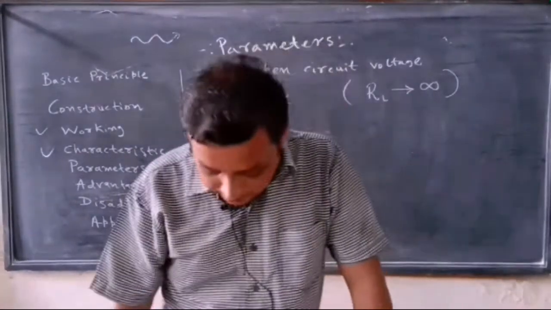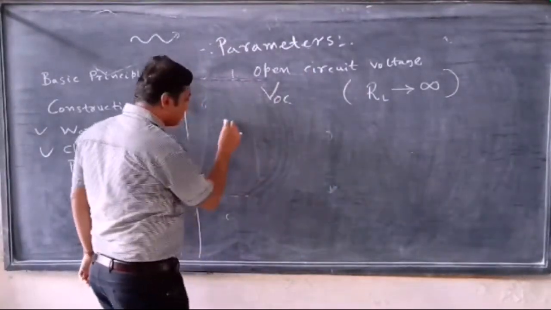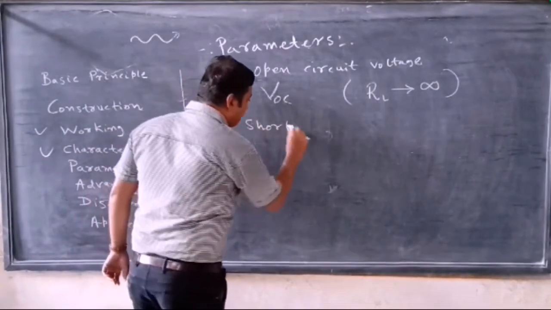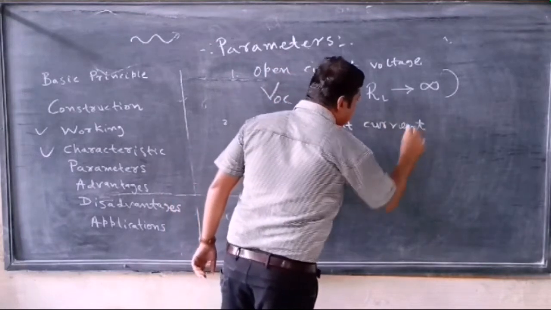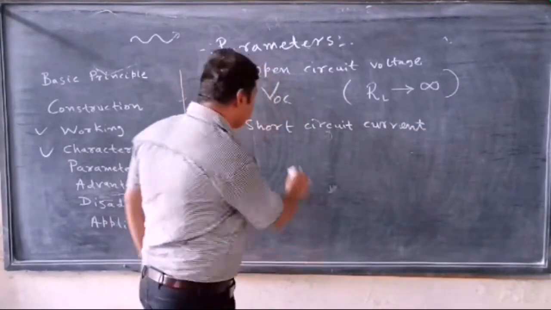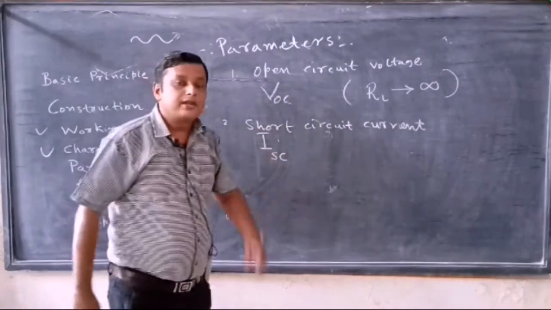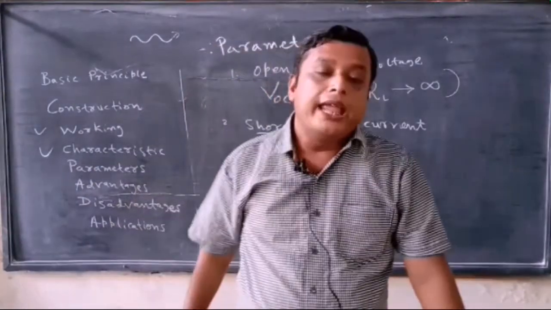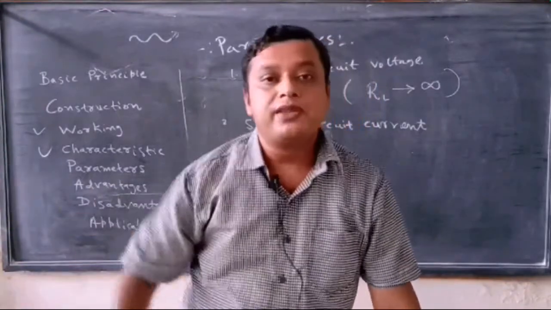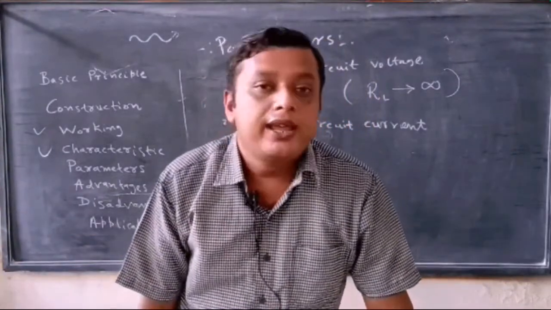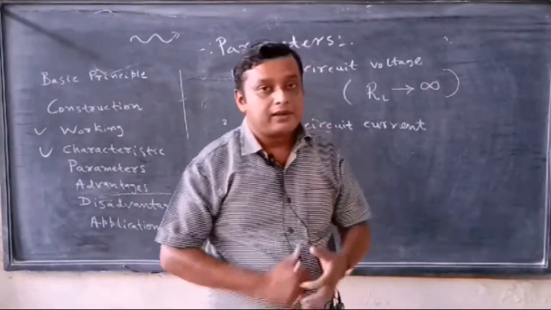The second parameter is short circuit current, represented by ISC. If no load resistance is placed at the output of the solar cell, we will achieve the highest value of electric current passing through the solar cell.